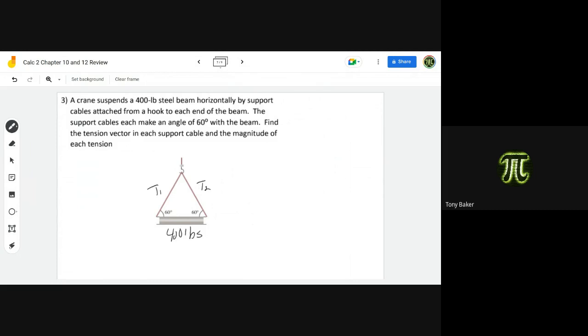So those are my two vectors. So this is actually the opposite of the problem that we did in class. We had the bar at the top and the weight pulling down. It's the same concept.